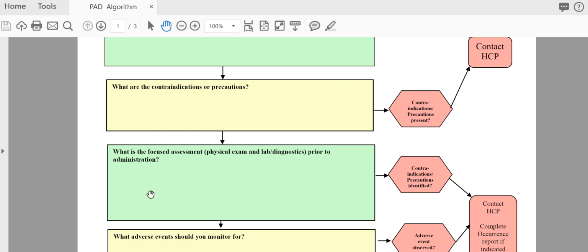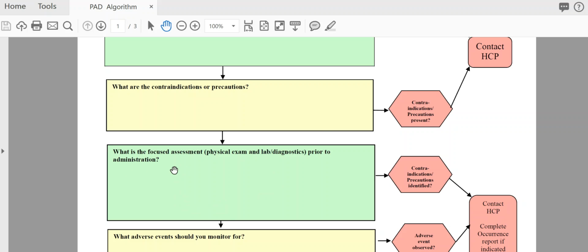Signs of heart failure: dyspnea on exertion progressing to dyspnea at rest with weight gain, shortness of breath, changes in mental status. Those are signs of contraindications. So if they're present, you have to look for them first, then we're going to be calling the HCP. So we want to know those things.